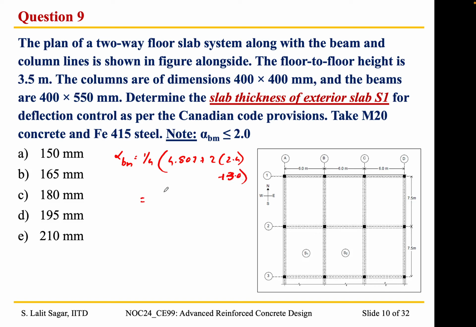So we got a value of 3.15, but it should not be greater than 2.0. So alpha bm is 2.0.